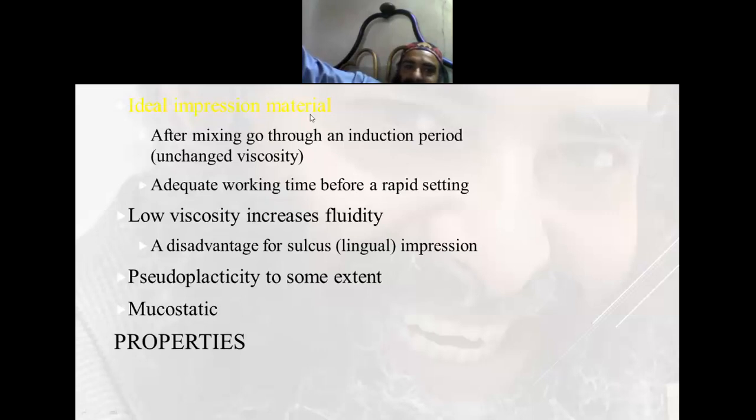So this advantage is also present for the impression material, and we can say that it is an ideal impression material. It has an adequate working time before a rapid setting. When it comes to setting, whenever the calcium ions are available, it readily sets.